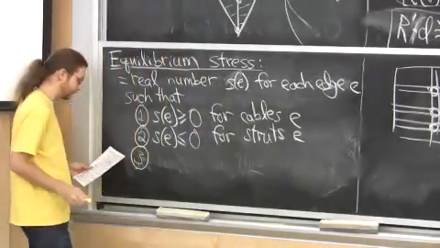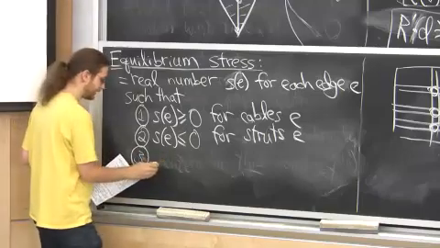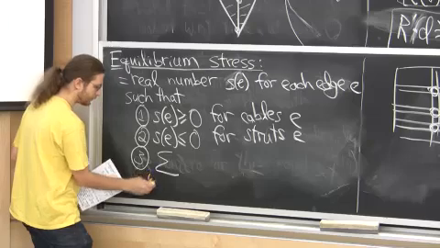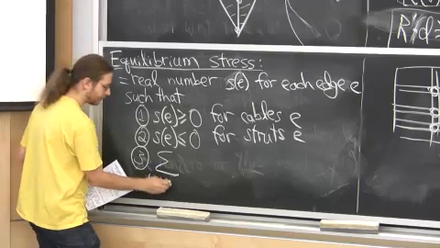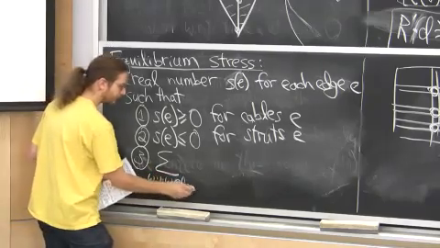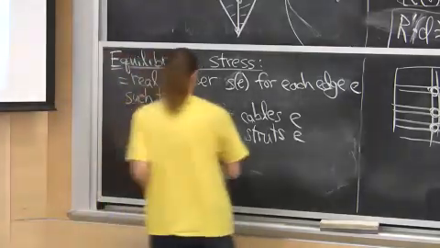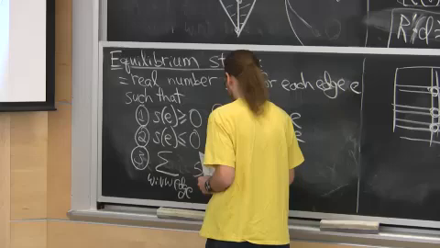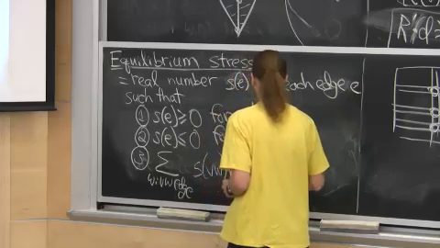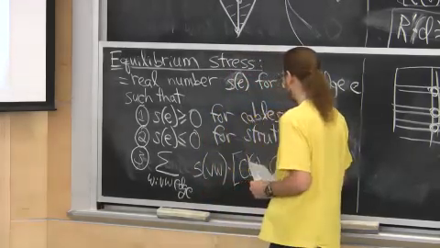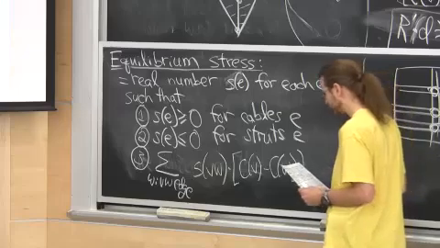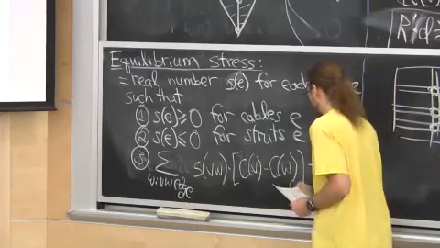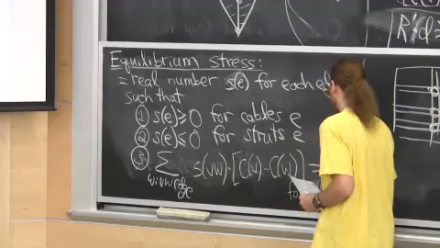And then there's the equilibrium condition, which is that if I take the sum over all vertices W, where VW is an edge, of the weighted vector C of V minus C of W. I forgot to mention we're assuming we have some configuration of our tensegrity. This is the 0 vector for all vertices V.